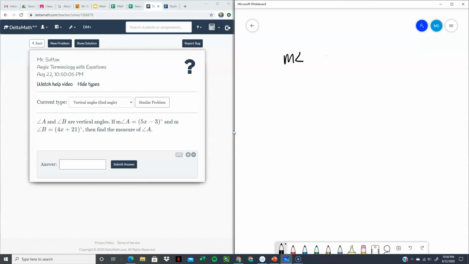So the measure of angle A has to equal the measure of angle B since they are vertical. So I know the measure of angle A is 5x minus 3. So I know that has to be equal to the measure of angle B, which is 4x plus 21. And then now I have this expression, which I can solve for x. And I'm going to do that right now to save time.